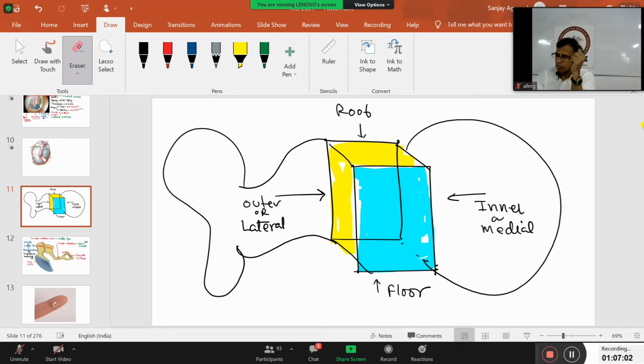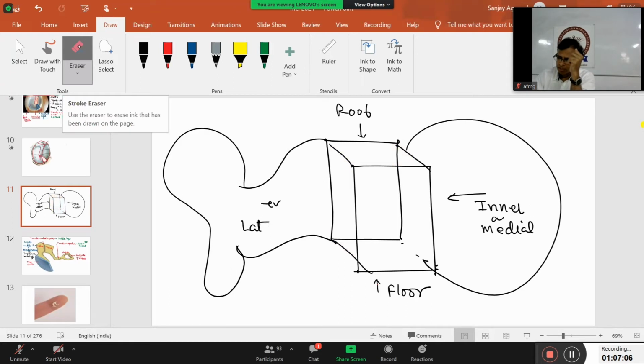Now, out of the 6 boundaries, one boundary we have already discussed. Which one? The outer boundary. The outer boundary is supposed to be what? Tympanic membrane. Because the tympanic membrane is like a border between the external and internal ear, it is common to both. So this boundary is supposed to be like this.